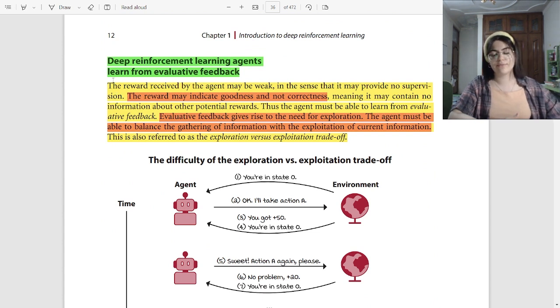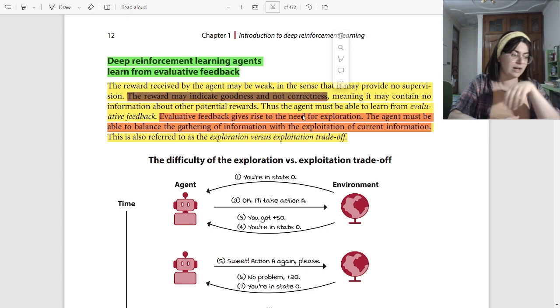Now, what is evaluative? It mentions that the reward received by the agent may be weak in the sense that it may provide no supervision. The reward may indicate goodness and not correctness, and that's important. The reward indicates goodness of the action, but not necessarily correctness of it, and that's something to pay attention to, maybe a difference of RL and SL.